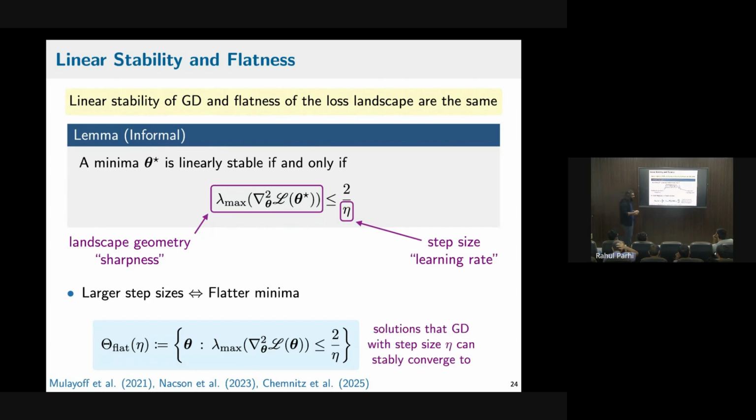And if you want, these are precisely the solutions that gradient descent with step size eta can stably converge to. Clear?